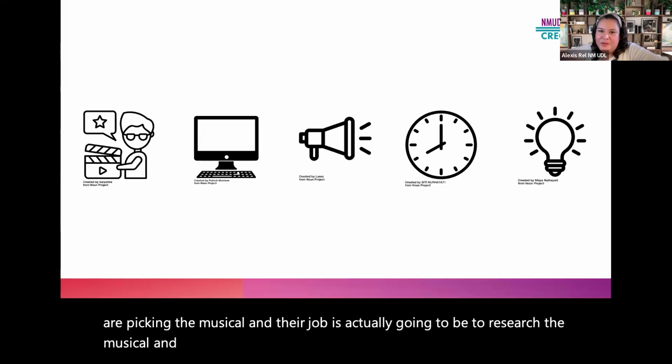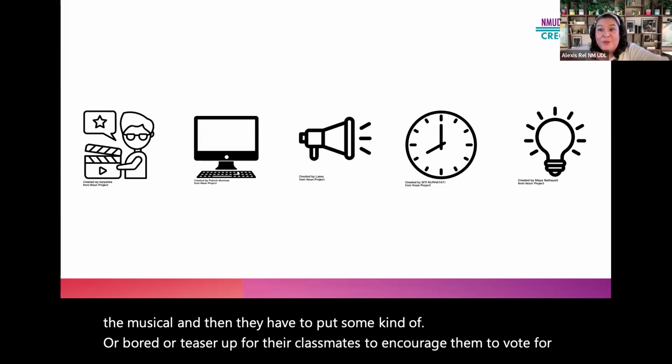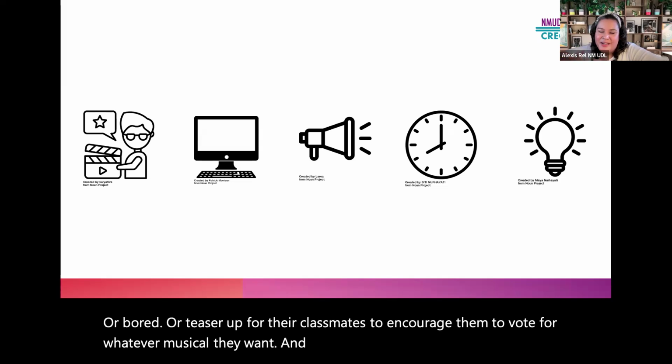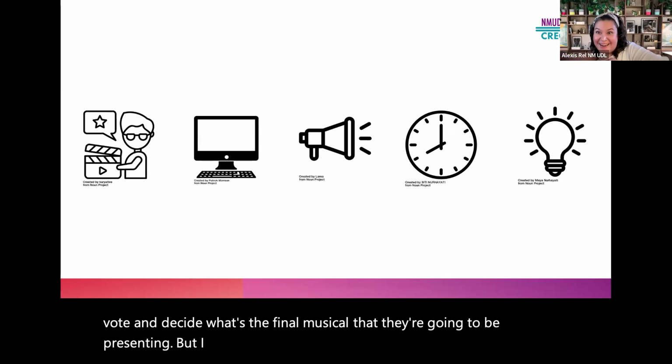And then they have to put some kind of poster or board or teaser up for their classmates to encourage them to vote for whatever musical they want. And then the kids are going to go back and vote and decide what's the final musical that they're going to be presenting.